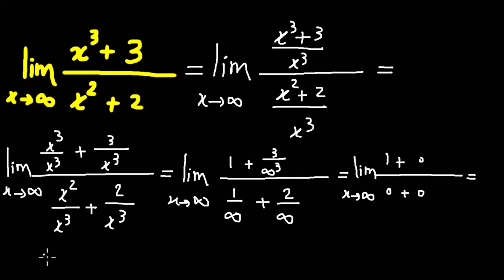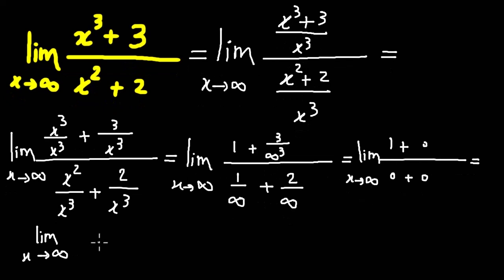And the final answer is 1 plus 0, which is equal to 1, over 0 plus 0, which is equal to 0. 1 over 0 is equal to infinity.